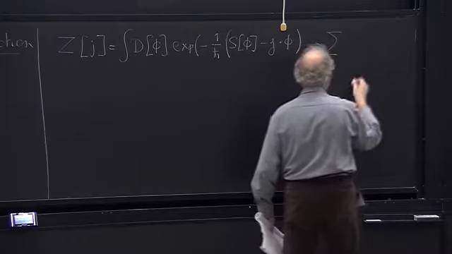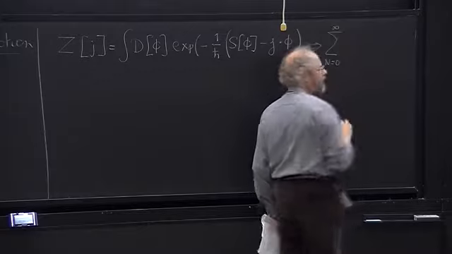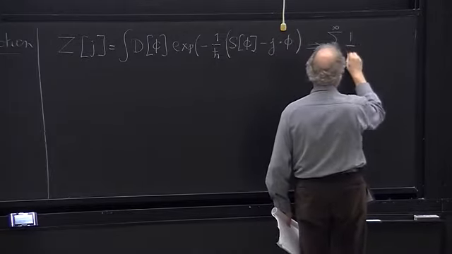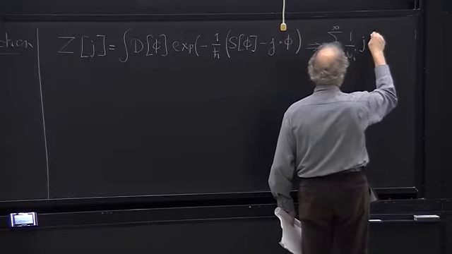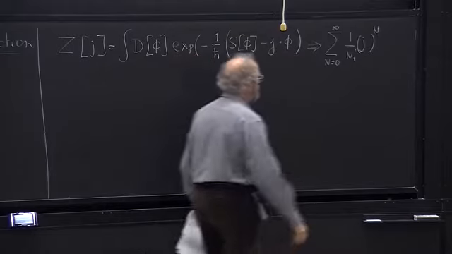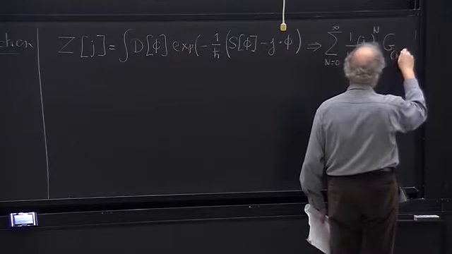Okay, and this object gives you, in a very sketchy way, a sum of 1 over factorial n, G to the power n, of course this is an integral, times the Green's functions G of n.